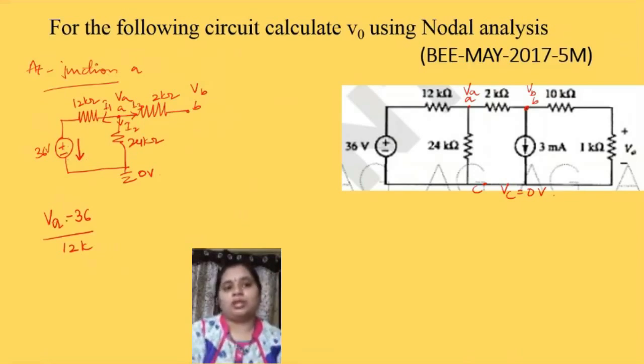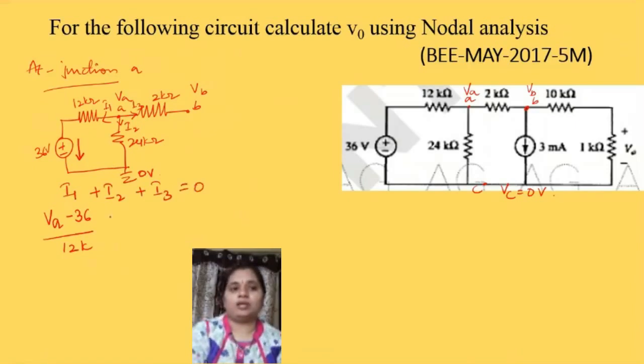So it is VA minus 36 by 12K. Or you can say that to know the current, we need the potential difference between two points, which is VA minus 36. So I1 plus I2 plus I3 is equal to 0.